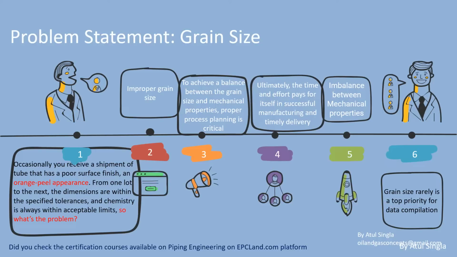I'm not saying they ignore it, but as compared to other mechanical properties which are defined in written format, this is sometimes ignored. It is rarely a top priority for any data compilation, right? So this is the basic reason that we get an imbalance between mechanical properties because of grain size.